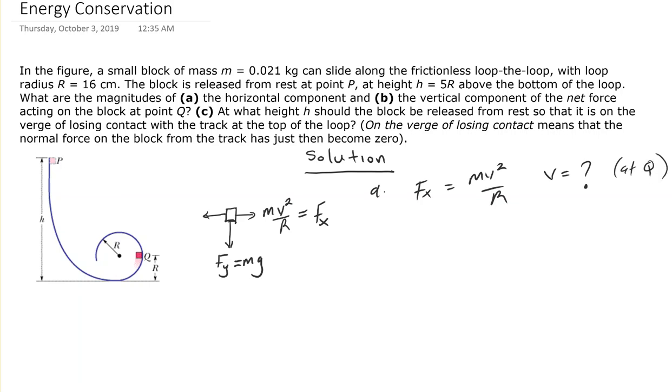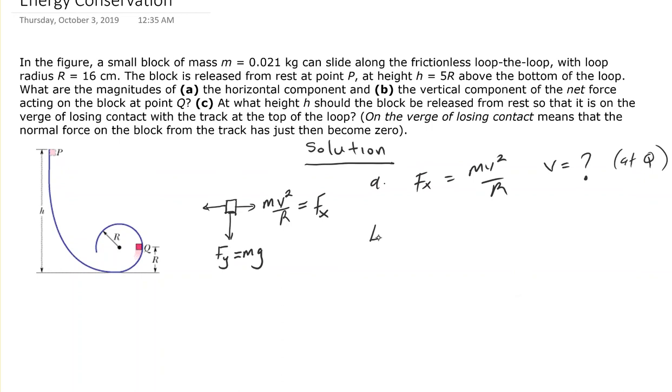To do this, we have to use the conservation of energy. The total mechanical energy of the block at point P is conserved, so it is equal to the total mechanical energy at point Q. But remember, it was released from rest, so the velocity at point P is 0.